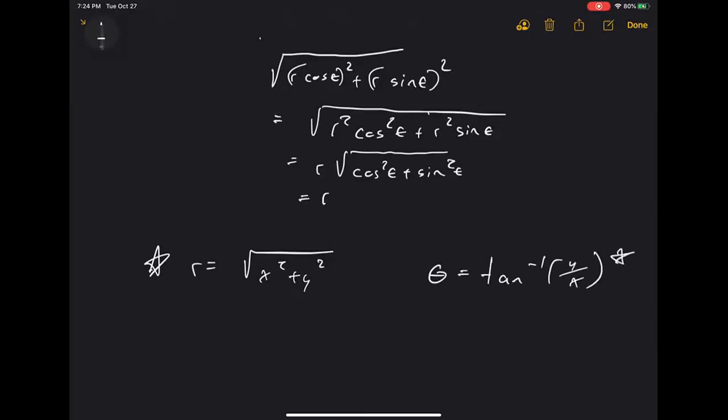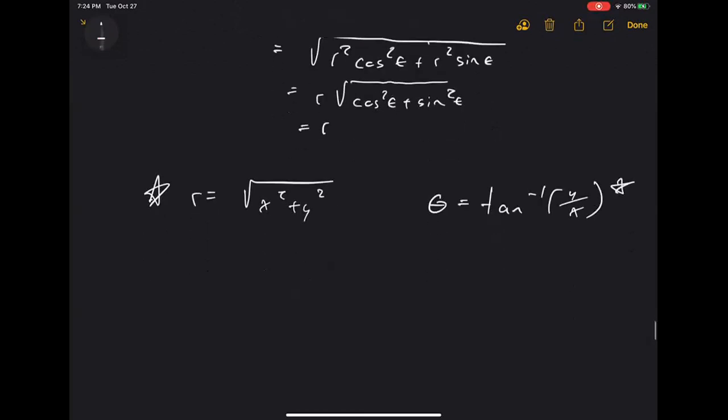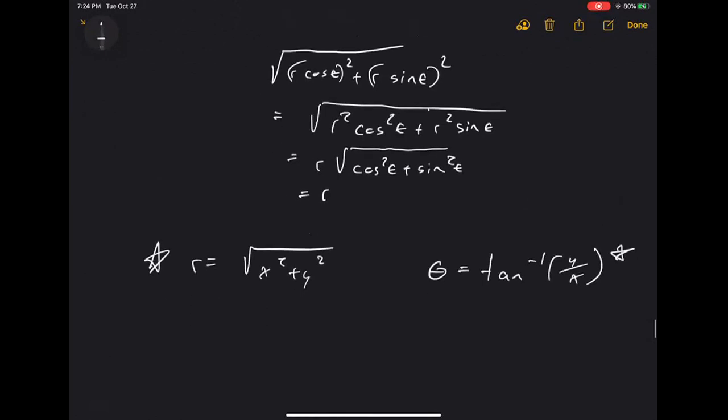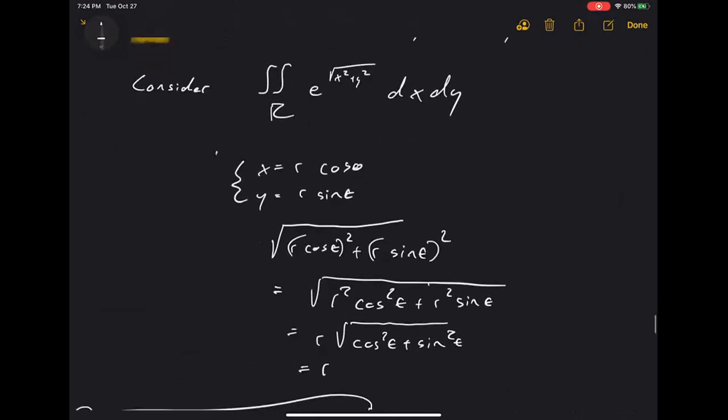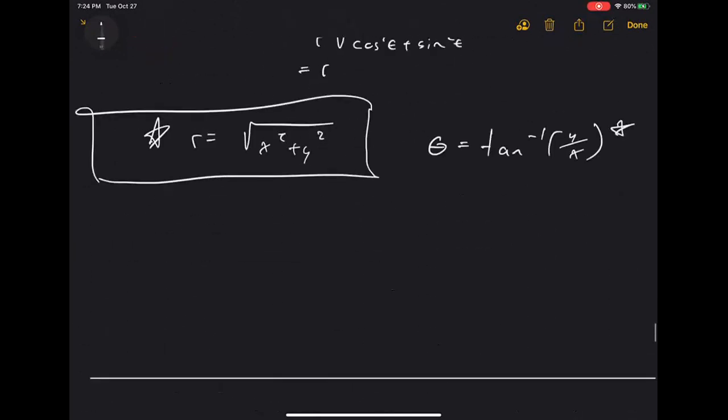Just be careful with this one, because remember, tan inverse always gives you an angle between negative pi over 2 and pi over 2. So you have to make sure it actually matches the quadrant that you're in. I don't think that'll come up, but use this and these when converting to polar coordinates.